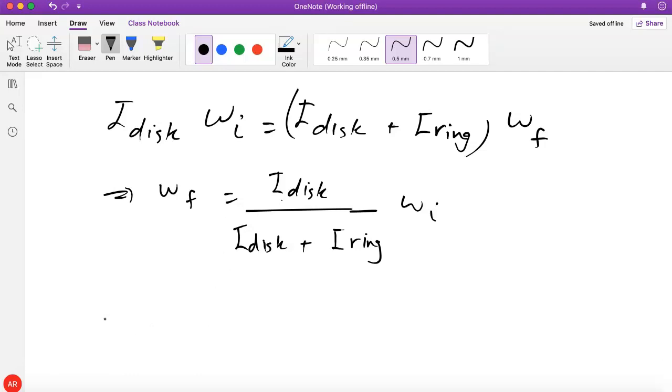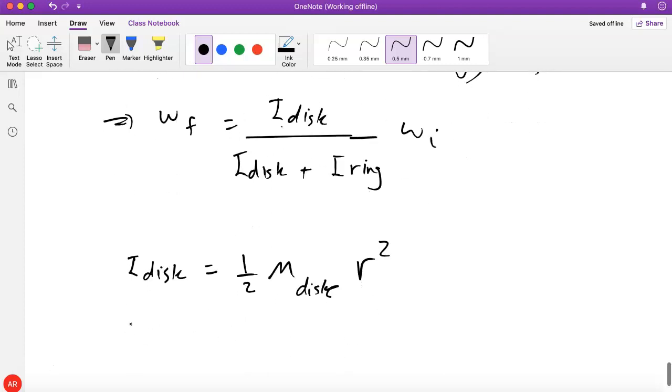If a disk of mass m and radius r rotates around its center, it has a moment of inertia. We can look it up in the table. I believe it's 1/2 mass times radius squared. And for the ring, all the mass is at distance r, so there is no factor. It's just the mass of the ring times r squared.